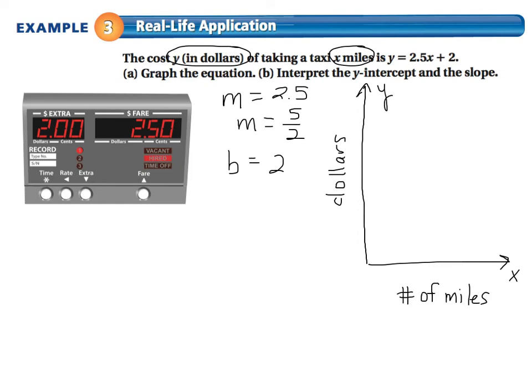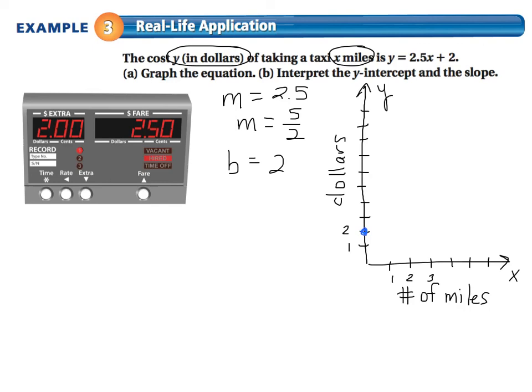So I'm going to start at 2, so I'm going to actually make my lines here. Obviously, graph paper is the best thing to use. So if I start at 2, I know my graph starts at 2, which is right here, my y-intercept.